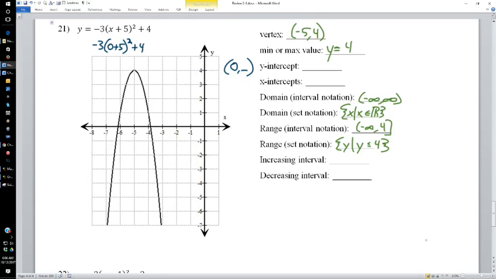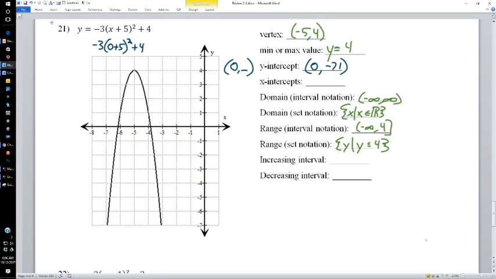Well, 0 plus 5 is 5. Squared is 25. 25 times negative 3 is negative 75. Plus 4 is negative 71. So your y-intercept is at 0, comma, negative 71. That's where your y-intercept is.